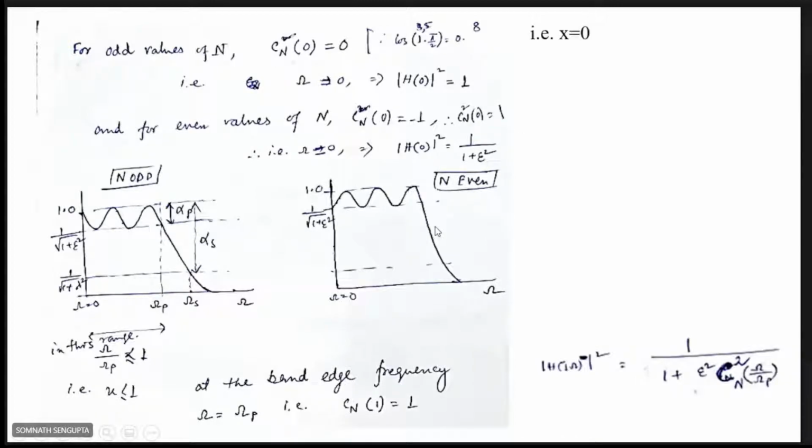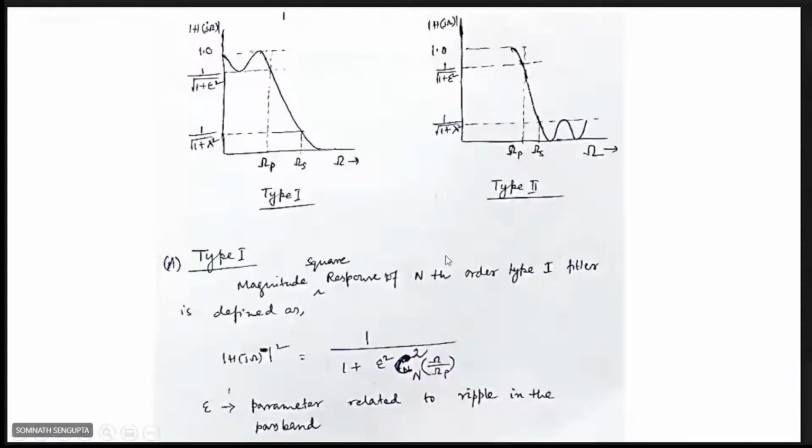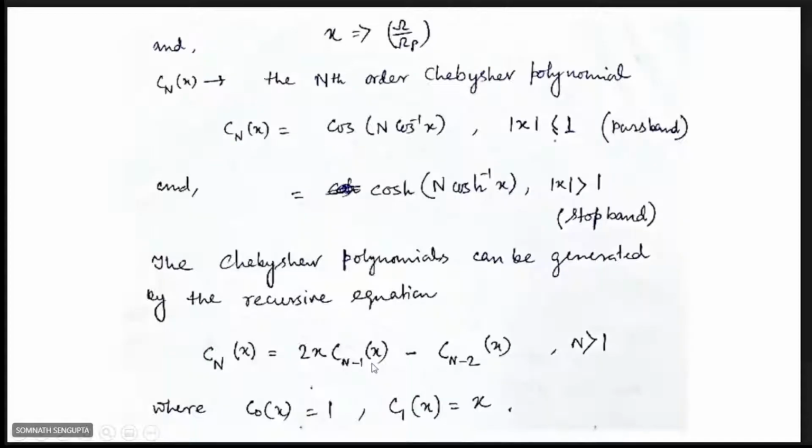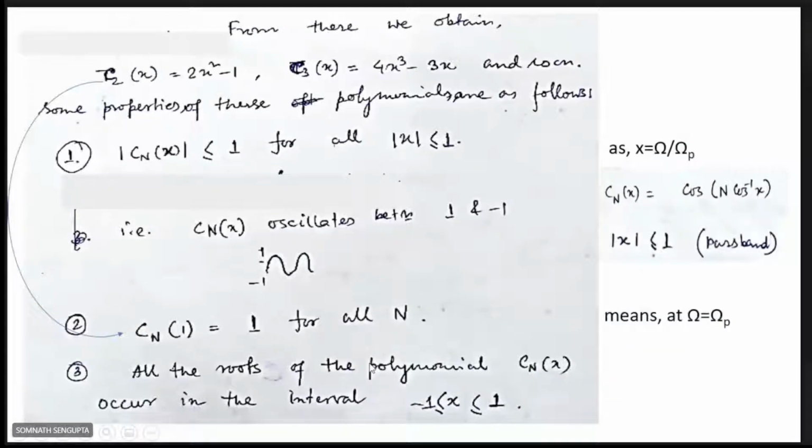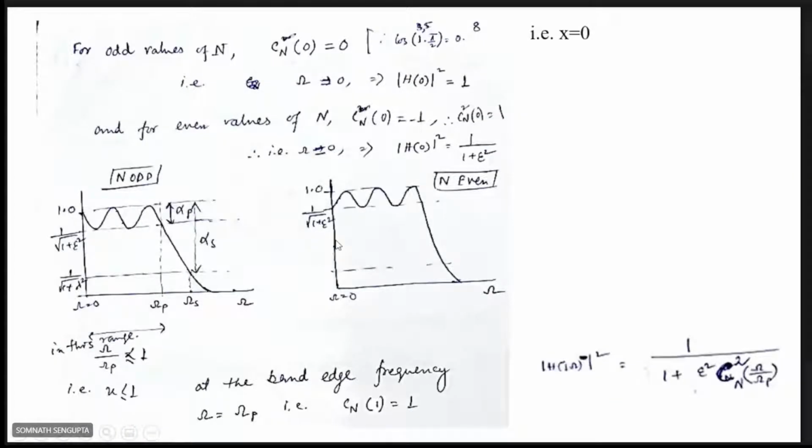Coming back to this polynomial, it is -1 whole square, that means +1. So the magnitude square function is 1 by 1 plus epsilon square, or the magnitude is 1 by root over 1 plus epsilon square.